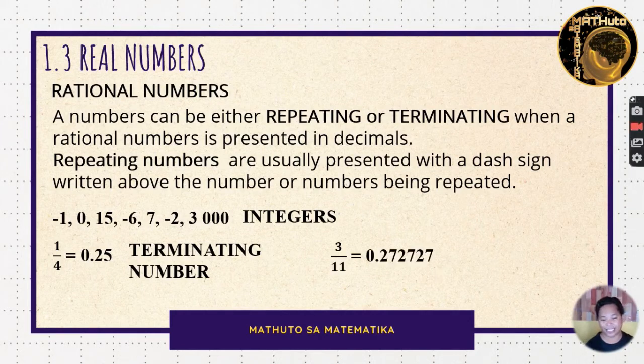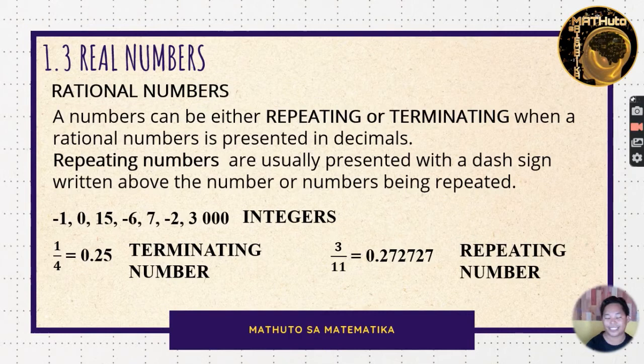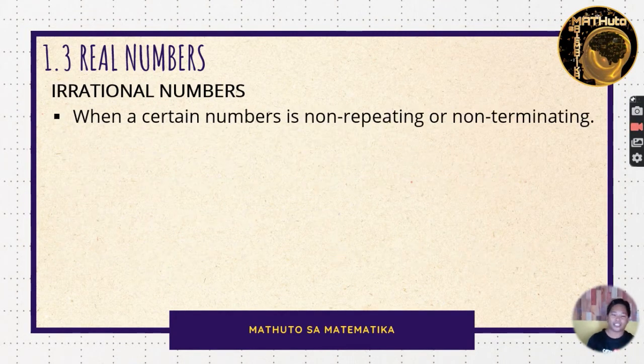3 over 11 or in decimal form, we have 0.272727. So, this is example of repeating number po or repeating decimals. So, pwede po natin ilagyan na lang ng dash yung 27 since yung 27 po ay repeating po. We have also irrational numbers, when a certain number is non-repeating or non-terminating po.